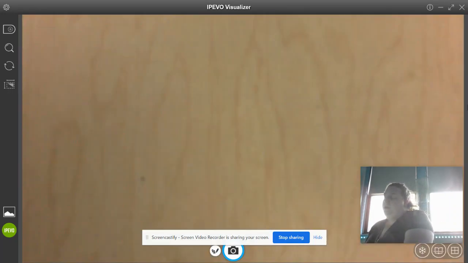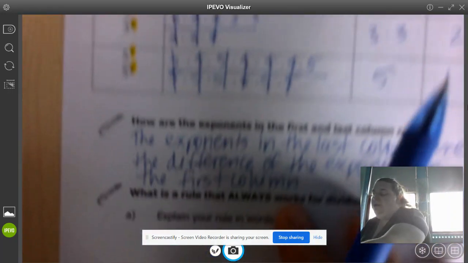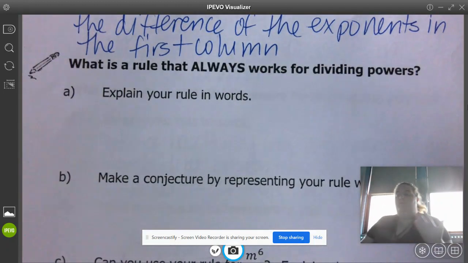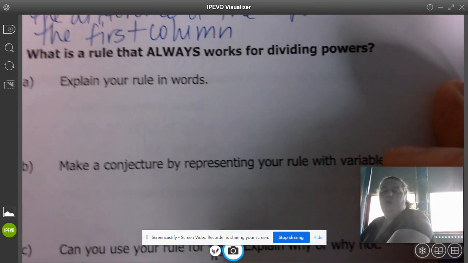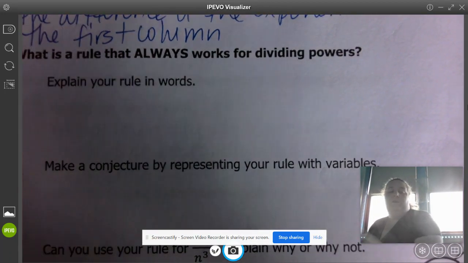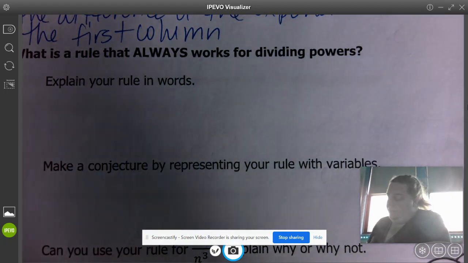So basically, when we are dividing exponential expressions with like bases, we keep the base and we subtract the exponents. Okay, so let's go ahead and write that in words. Once again, I'm going to write this all out. Pause the video if you need to get it all down on your paper as well.